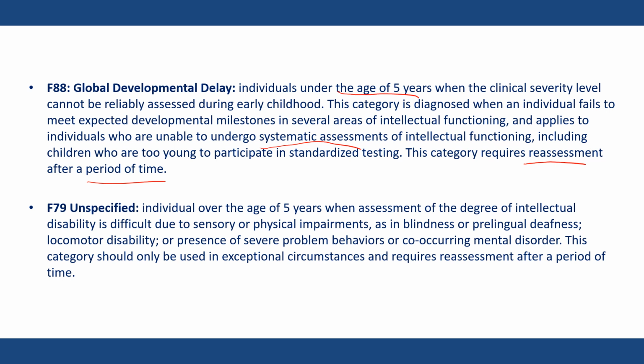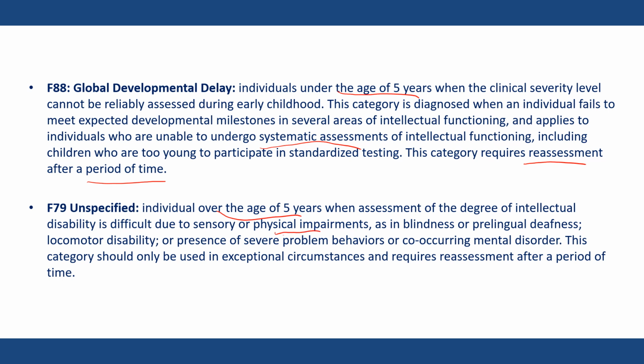Okay, now unspecified F79 is used when you have a child over the age of 5 and that child is giving you all of the presentation that would normally meet the criteria for intellectual developmental disorder. However, at this time, the child is not able to give you the assessment because of some physical impairment.